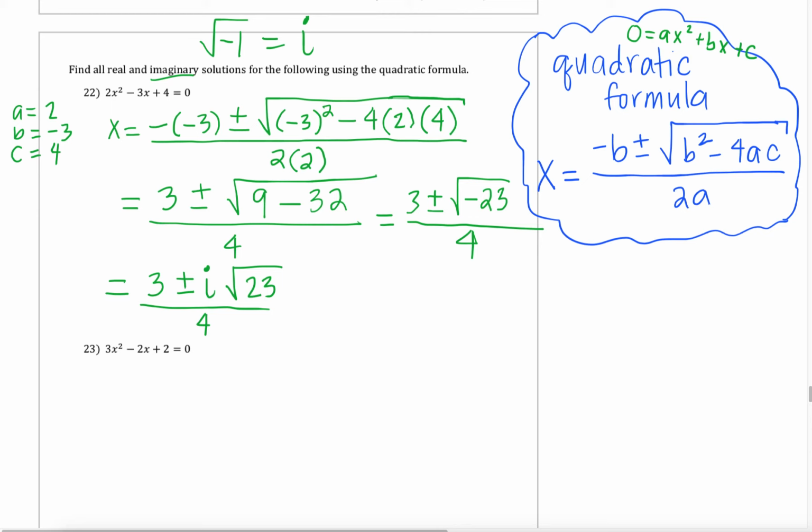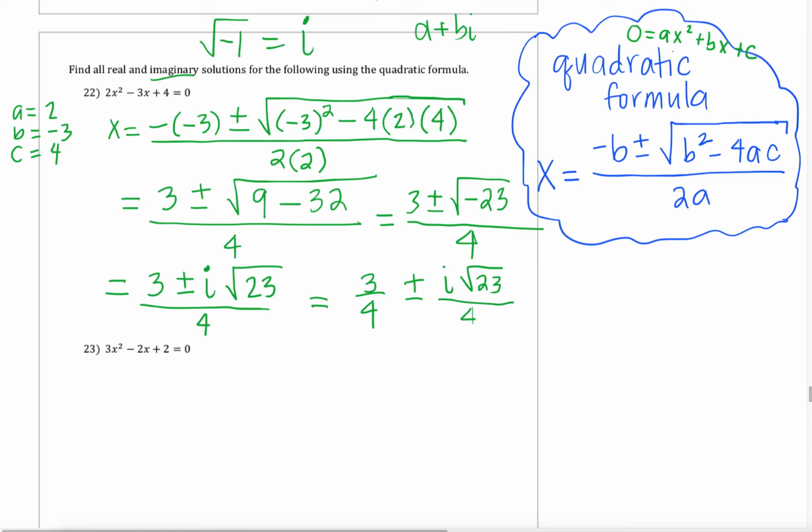Now from here, there's a couple more things I would need to do. I want to make sure my square root is completely simplified. So 23 is not a perfect square, nor does it have any perfect square factors inside of it. So I can't simplify the square root anymore. But my last step is I want to get these into the form a plus bi. So what that means is I need to break this apart into my real component, which would be 3 over 4, by taking the 4 dividing that first term, plus or minus i times the square root of 23 over 4.